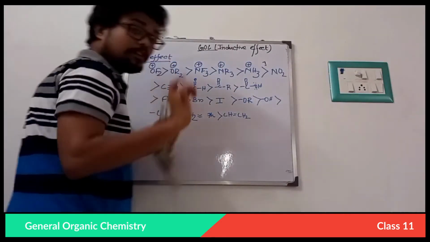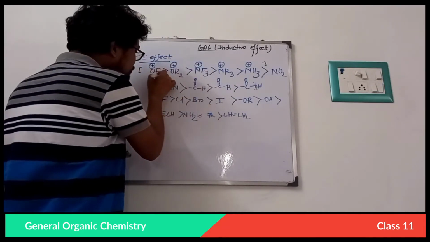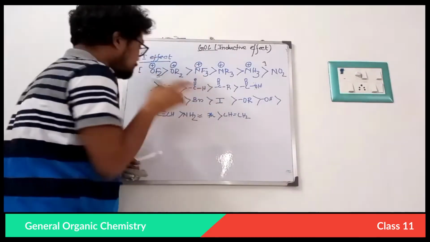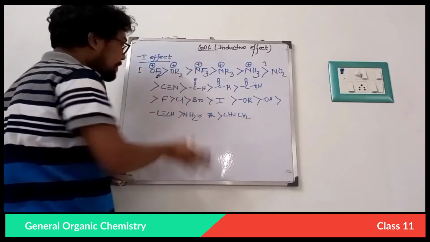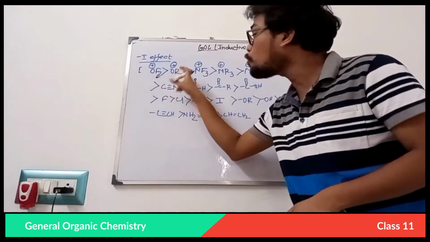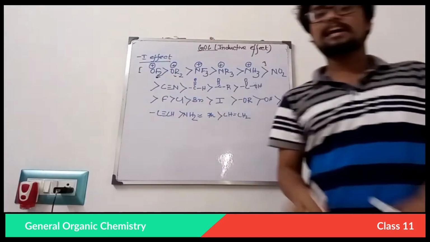Now I am comparing OF2+ and OR2+. In OF2+, oxygen is attached with two electronegative fluorine atoms, and here oxygen is attached with two OR groups, that is, a plus I group. Any R means any alkyl group.